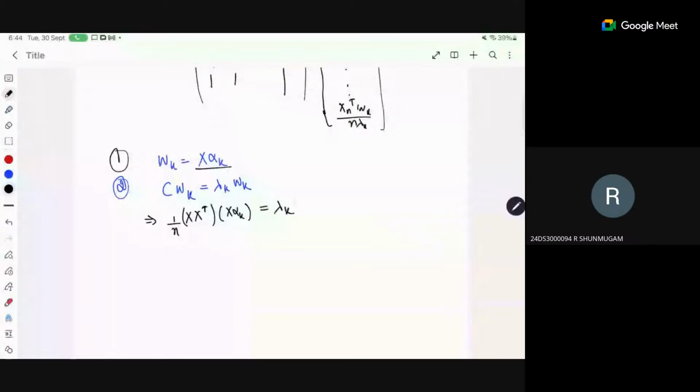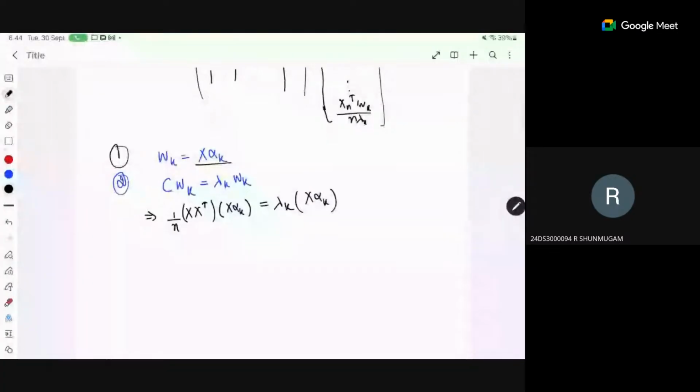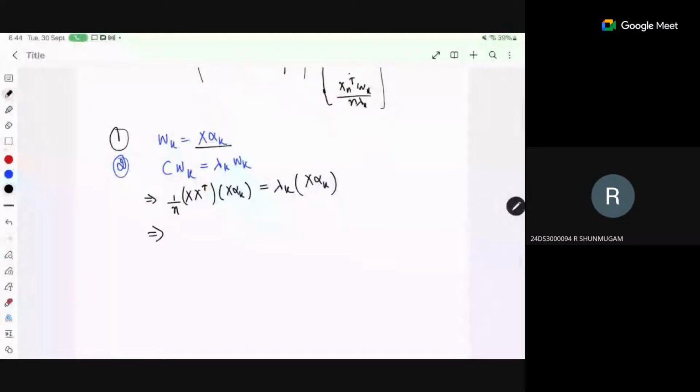Now I can pull this n to the other side and we will have X transpose X alpha k equal to n lambda k X alpha k.